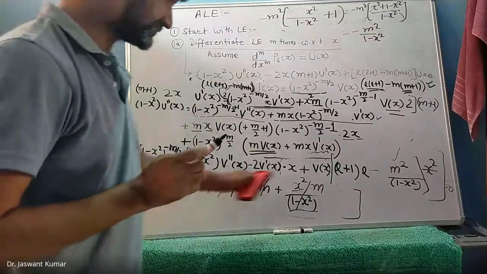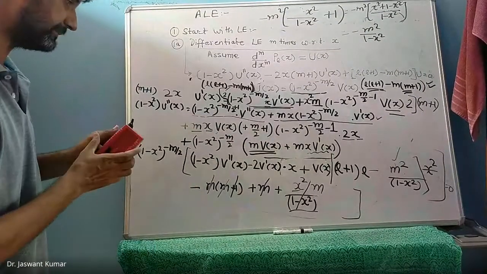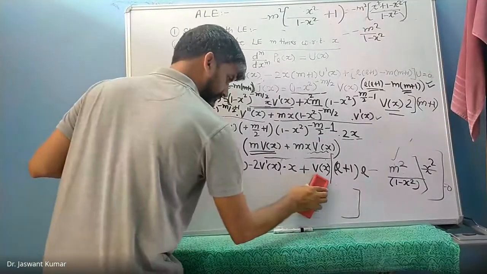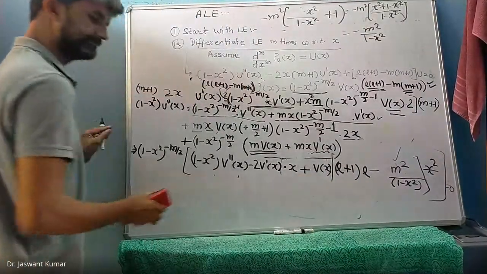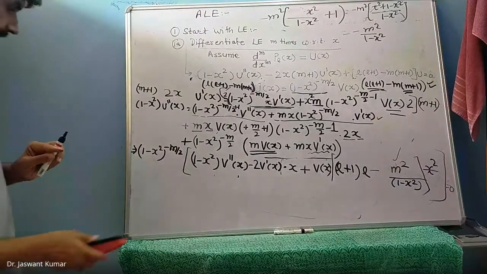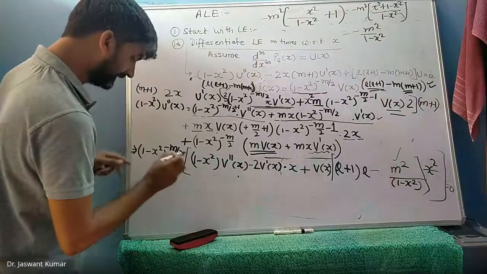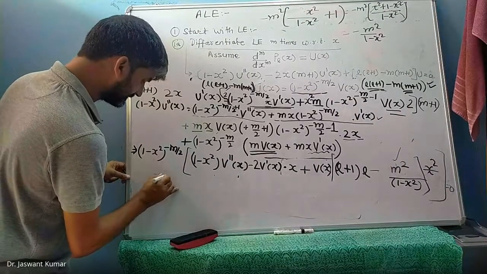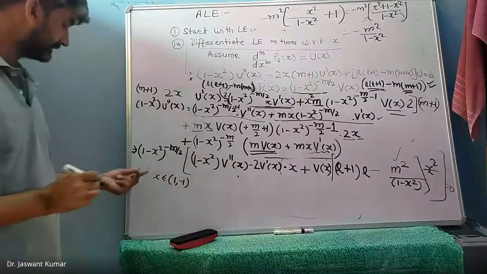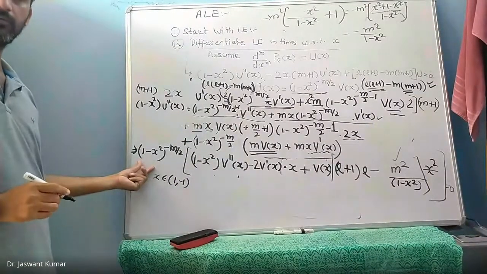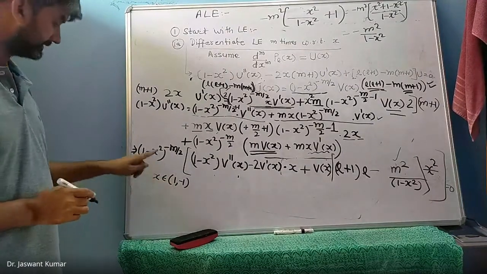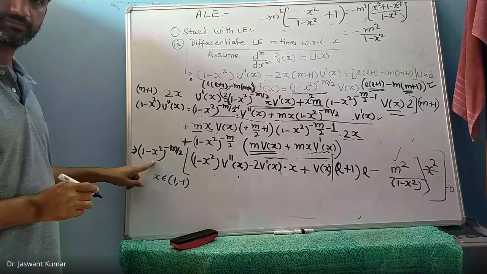Since this is so messy, I will make this a little beautiful. I will erase this. Within the open interval x, this term will be non-zero. Within this interval, this term will be non-zero.